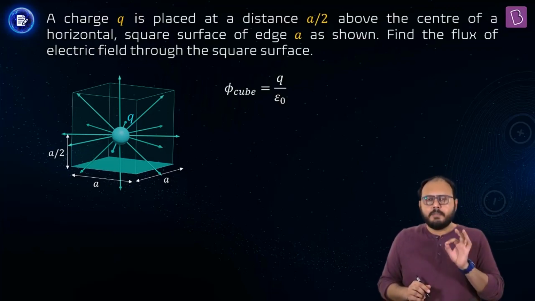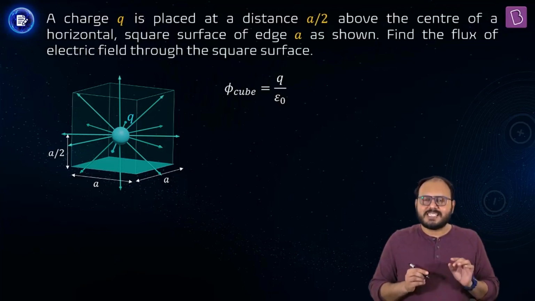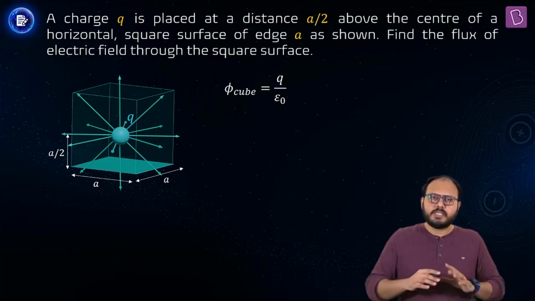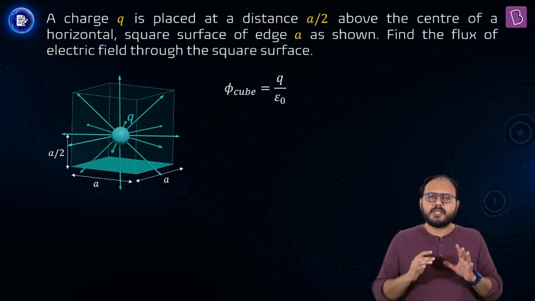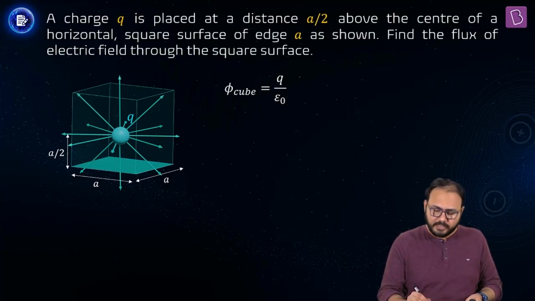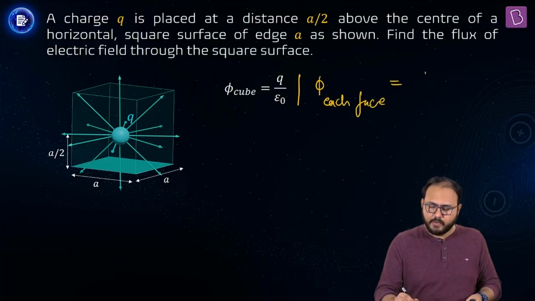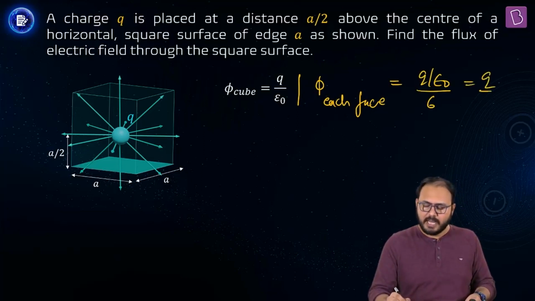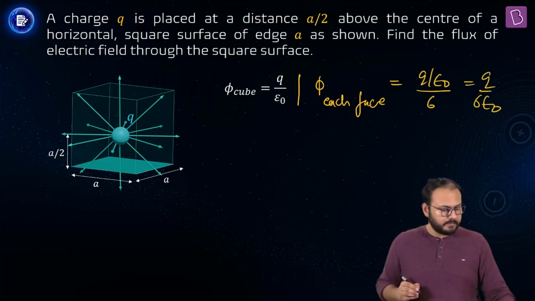Because it is a body center, each face of the cube is symmetrically located with respect to the charge. So don't you think phi through each face will be phi total upon 6, because there are 6 such faces? How do you like them apples?